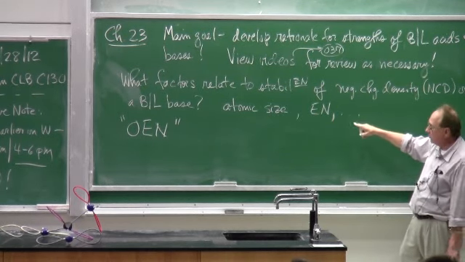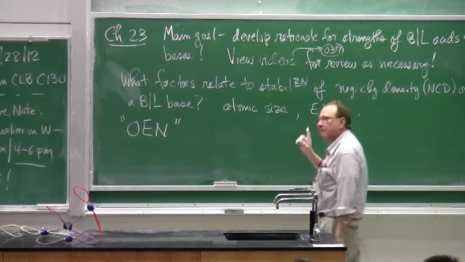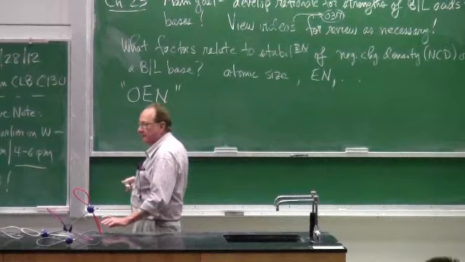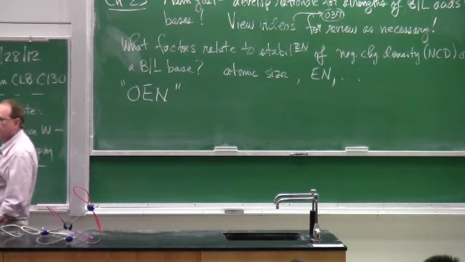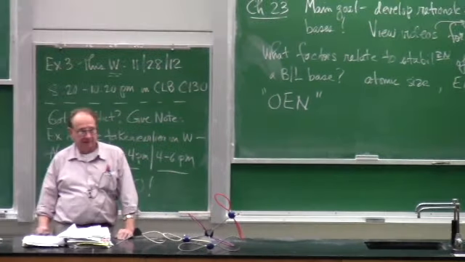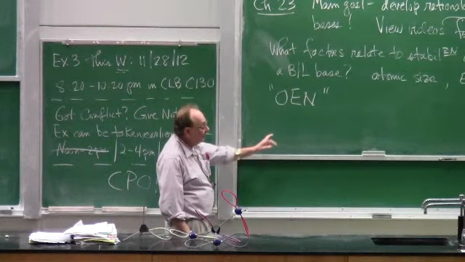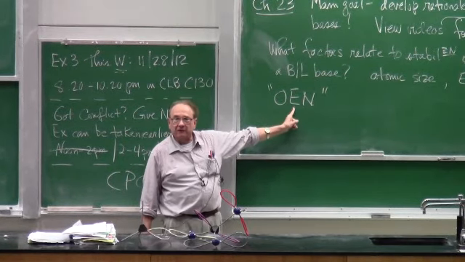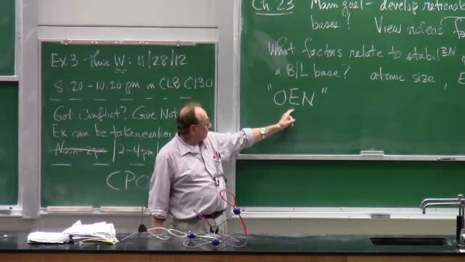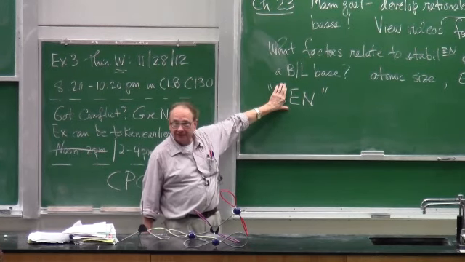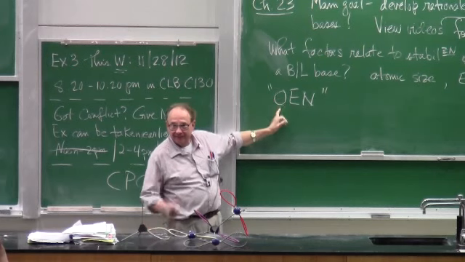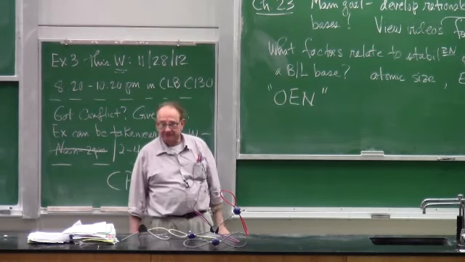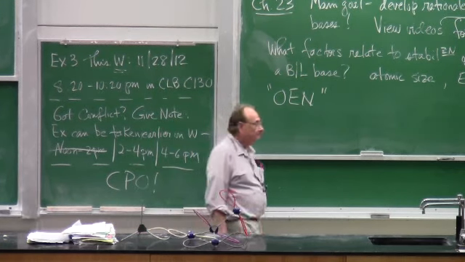We'll show examples in a moment. But now I'm going to operate on electronegativity and extend it to include a consideration which also relates to this issue. Have you read about this in the notes? Anybody know what this stands for? That part's electronegativity. This is orbital electronegativity. All right?